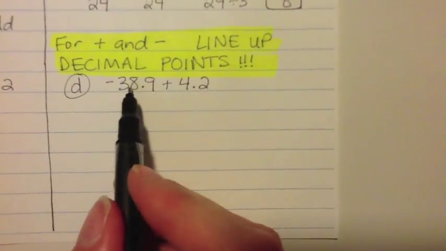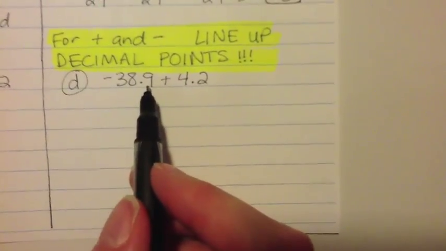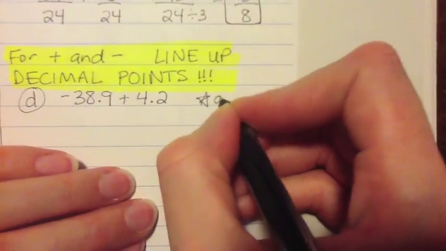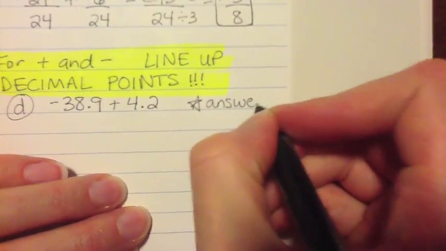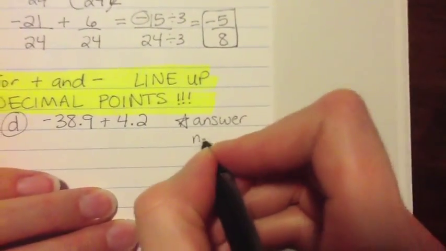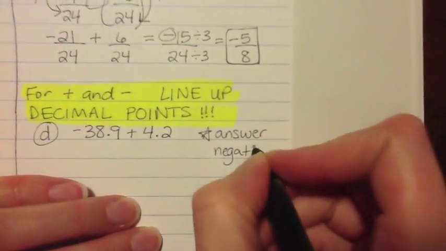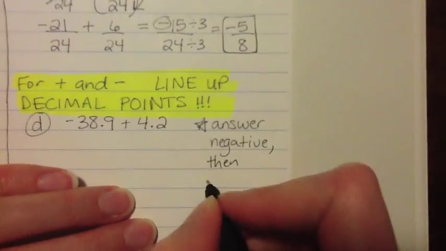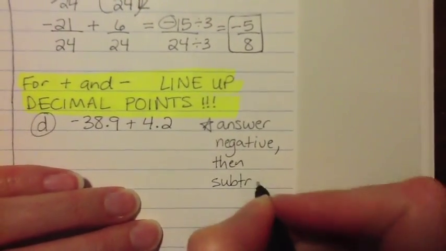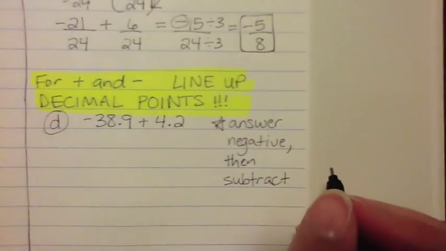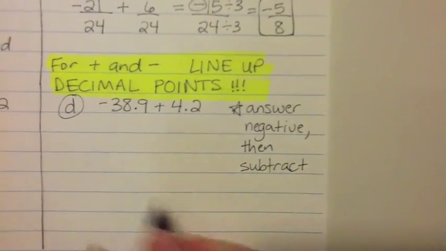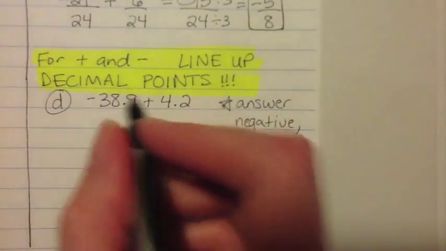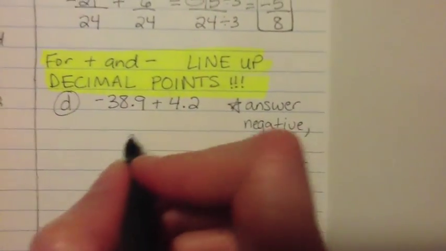I look at my digit, and my larger digit, 38.9, is negative, so that I know my answer is going to be negative. So my answer is negative, so I just need to subtract.